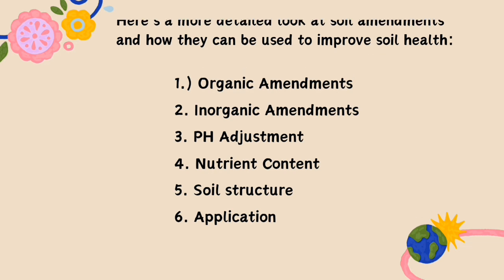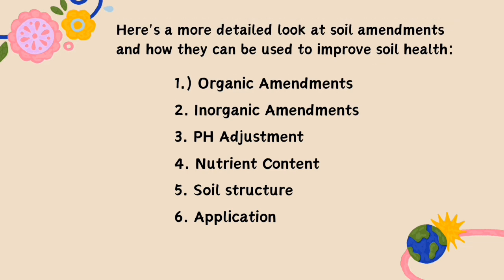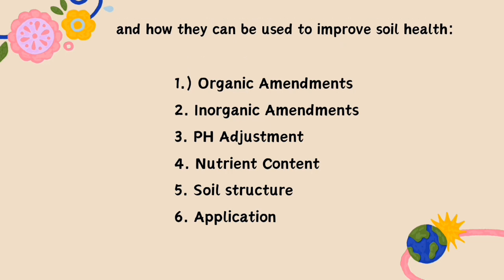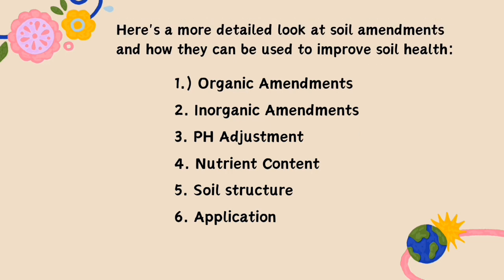Examples of organic amendments include compost, manure, peat moss, and leaf mold. And the second one is inorganic amendments. These are derived from non-living materials such as minerals and rocks. Examples include lime, gypsum, vermiculite, and perlite.